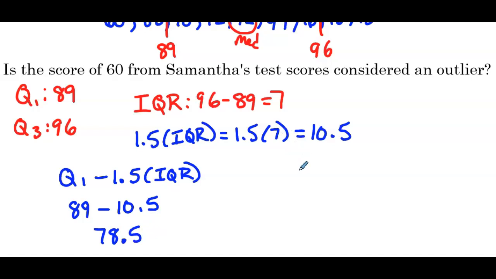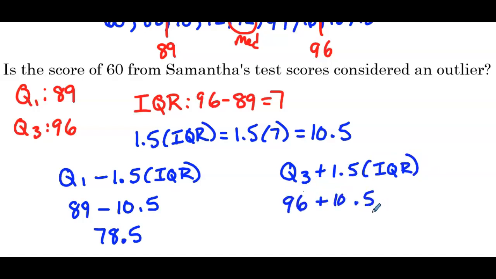And then to figure out the score she would have to be above for it to be an outlier, that would be quartile 3 plus 1.5 times the interquartile range. So quartile 3 is 96, and then plus 10.5, and that would be 106.5.